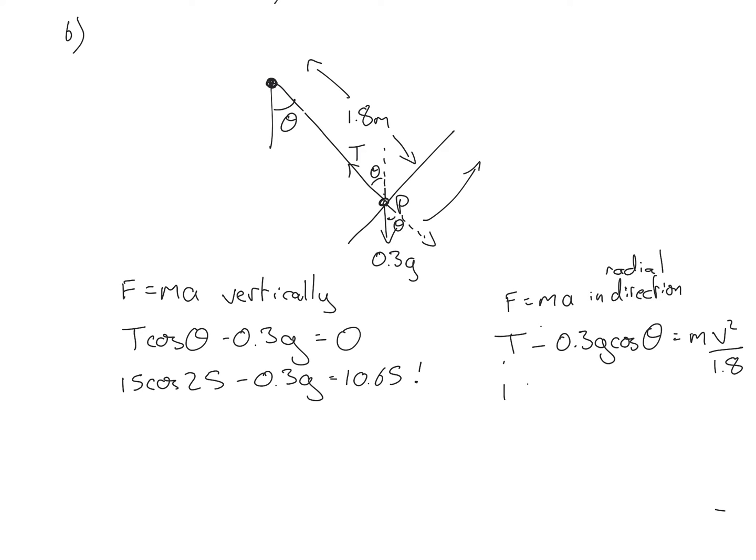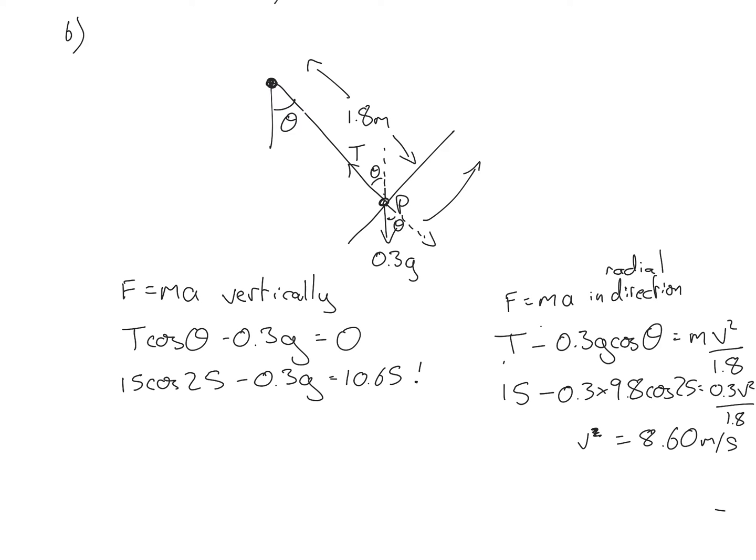We know T is 15. 0.3 times 9.8. We know the angle is 25. We know the mass is 0.3 v squared over 1.8. So v squared, well, let's just shorthand. v is then going to be 8.6 meters per second.